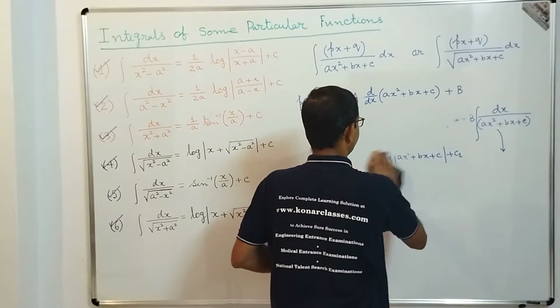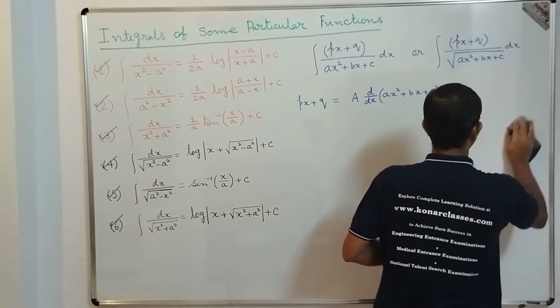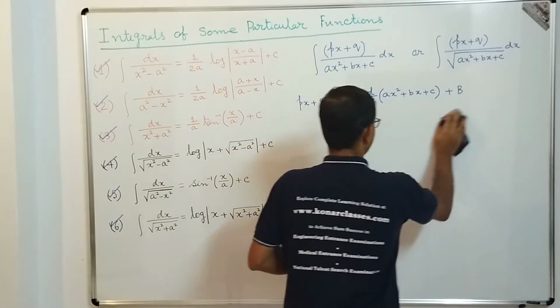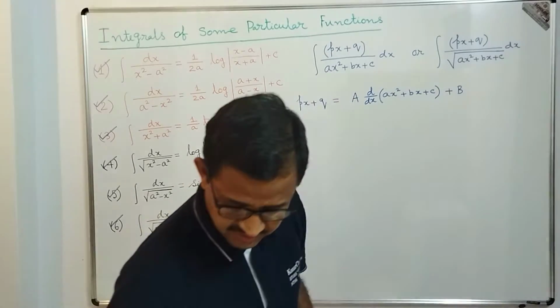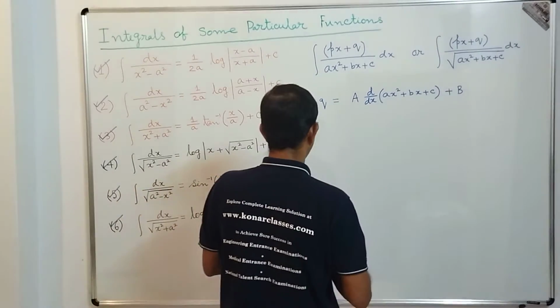How can we find the values of capital A and capital B, the constants we have introduced? There are many ways to do this.